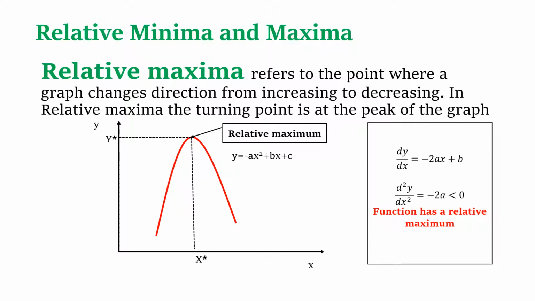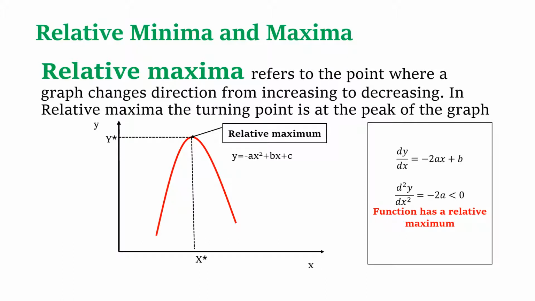And how do you know it has a maximum point? Again, as I said earlier, look at the first term. It has a negative sign, right? That's how you know that this function has a maximum. Now, if you take the first derivative there, you're going to have minus 2ax plus b, right? Now, take that derivative again for the second time, d squared y over dx squared.